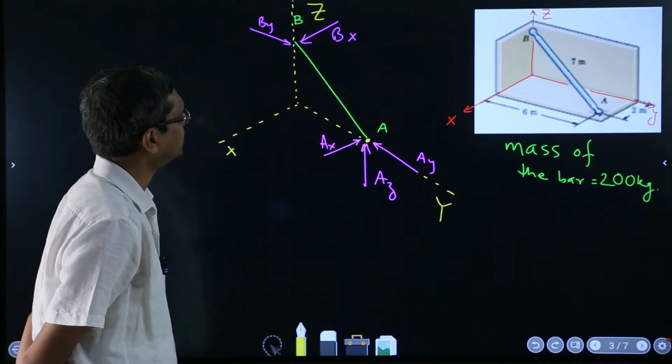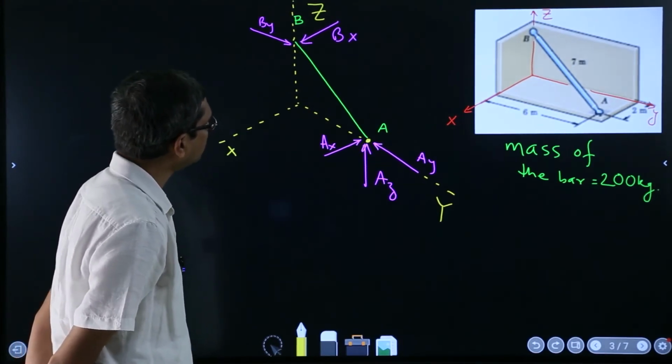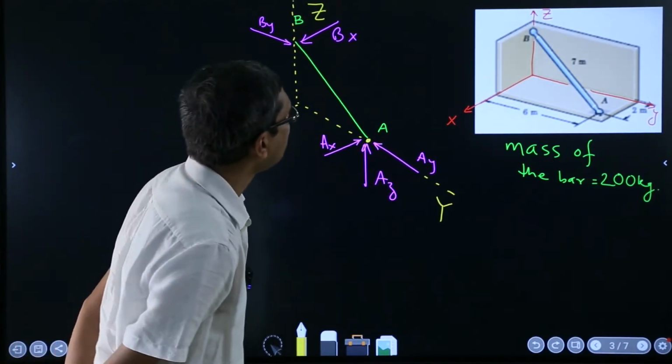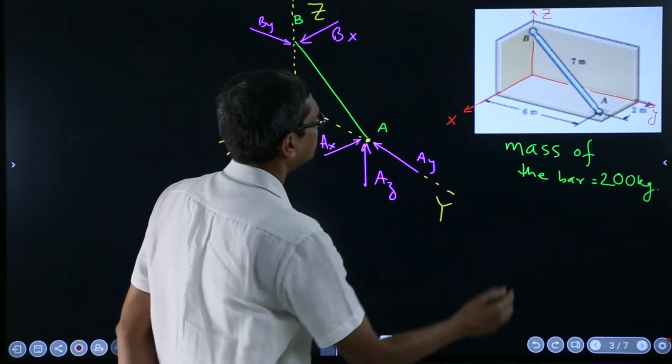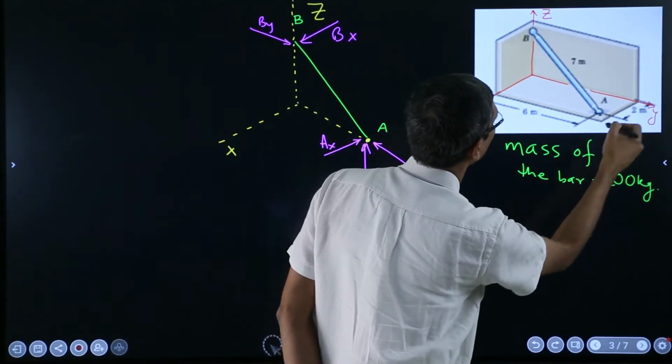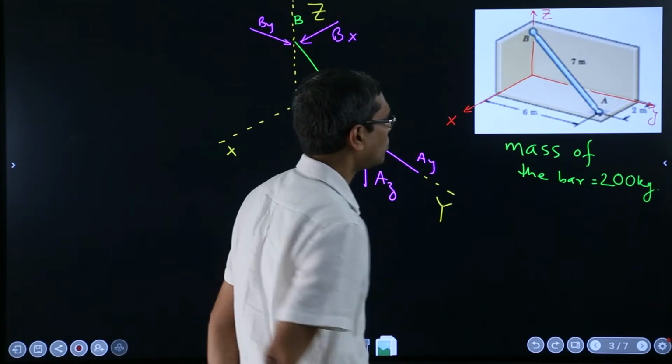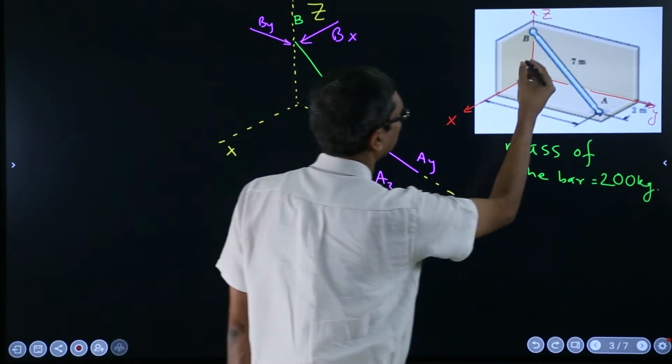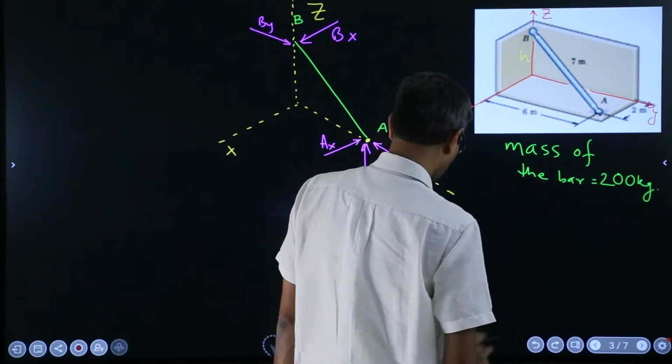For that, what are the lengths? This is 6 meters, this is 2 meters, and this height is not known, so suppose I call it h.